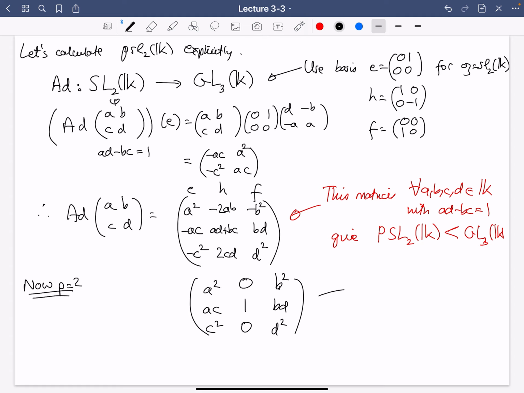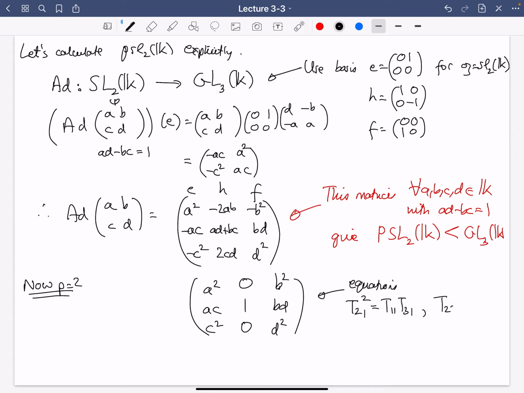And you see the equations that define PSL2 as a closed subgroup of GL3. The equations are, let me see, the 2,1 entry, that's this AC. When you square it, it's the 1,1 entry times the 3,1 entry.